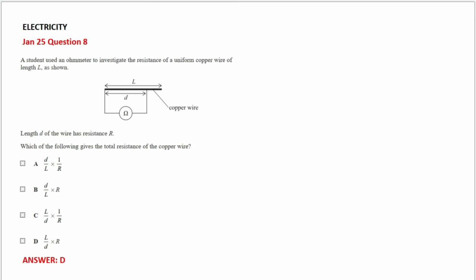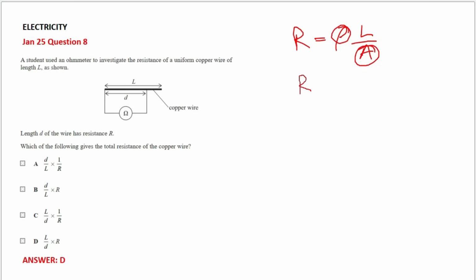So check this out. You have to recall the concept of resistance for a conductor or a wire. So it's given by resistance equals rho L by A. And since we are just dealing with length, the resistivity stays constant and the cross-sectional area also stays constant.